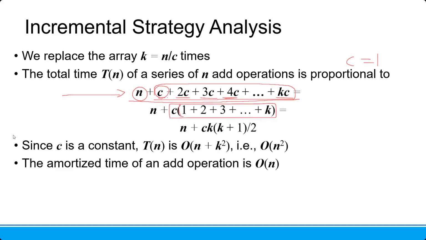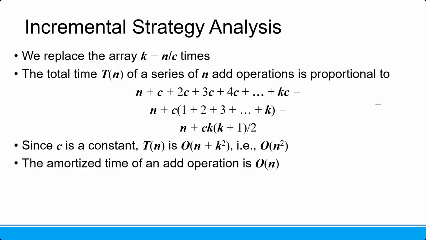If you know the arithmetic progression, then in the arithmetic progression this equals c k multiplied by k plus 1, divided by 2. So this formula is obtained from this one.